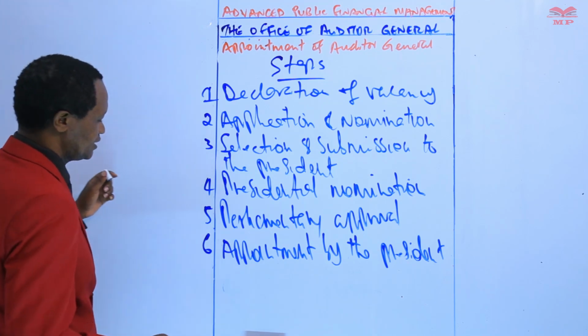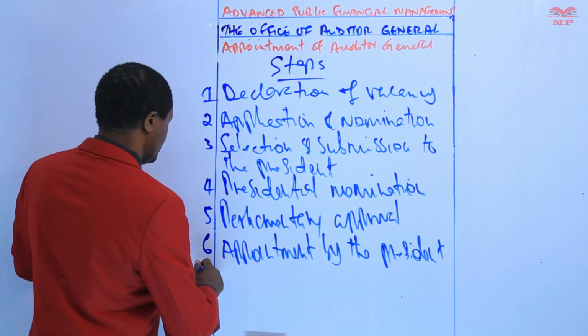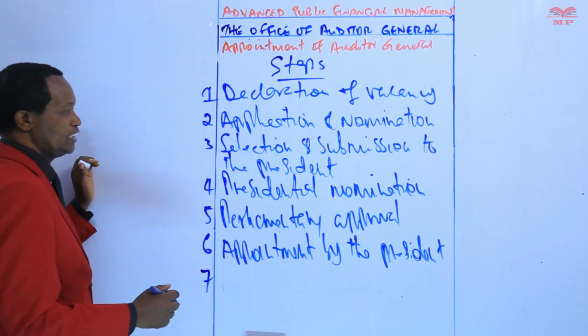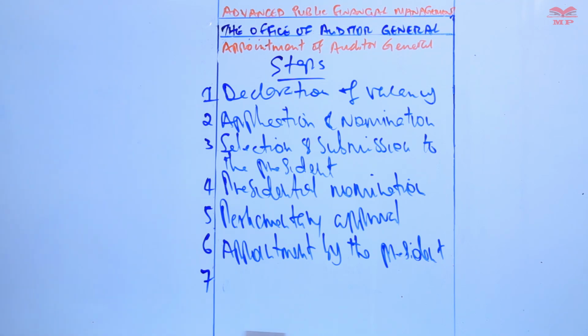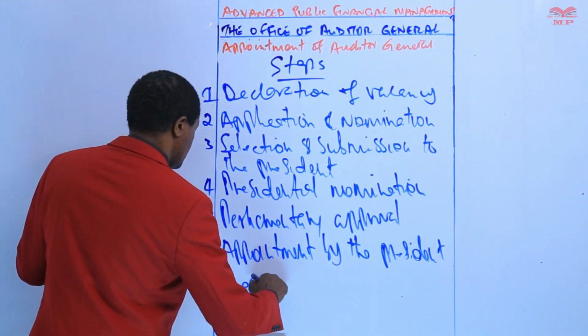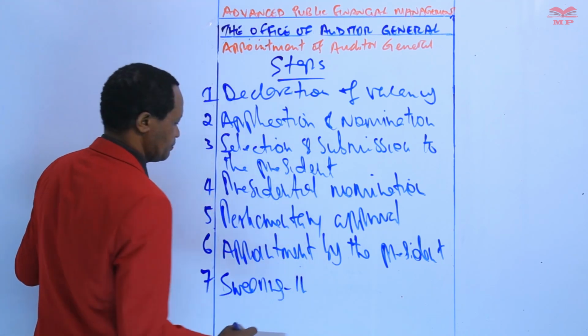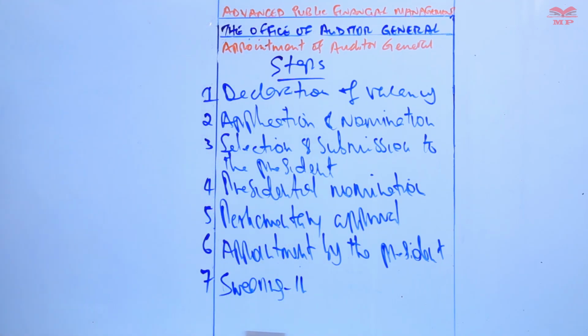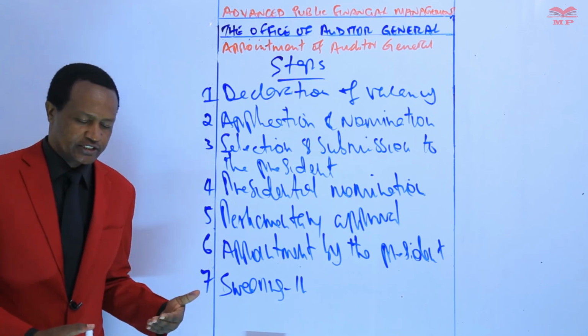After the gazettement, then the Auditor General in point number 7 is sworn in. Swearing in then takes place. The appointed Auditor General is required to take and subscribe to the oath or affirmation of office before the Chief Justice.